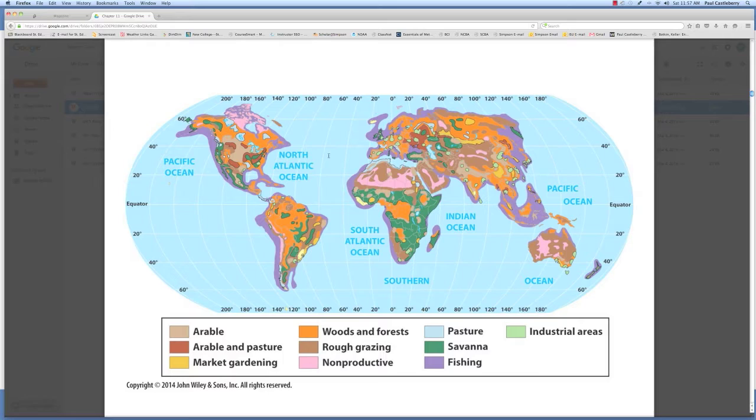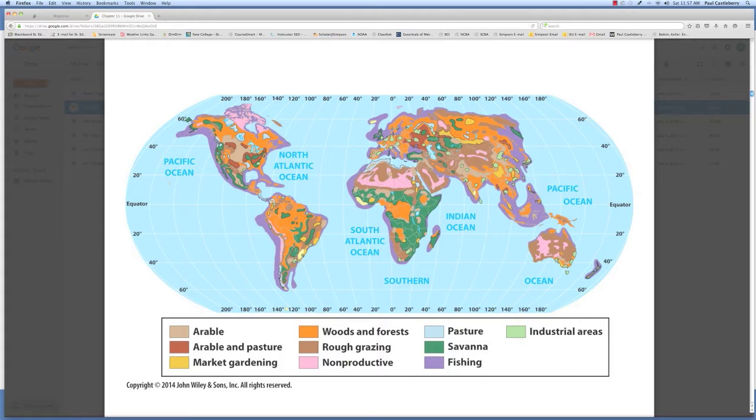But as we look across the rest of the world, there's a small region up here in Europe, but again, a very small region. So there are not a lot of areas that are used for both crops and pasture.